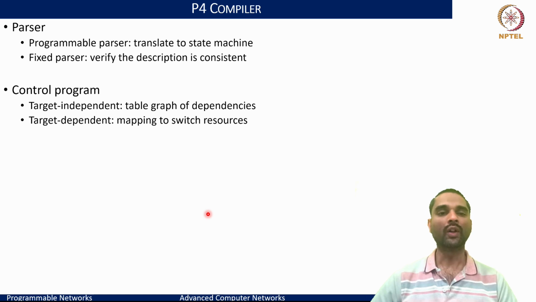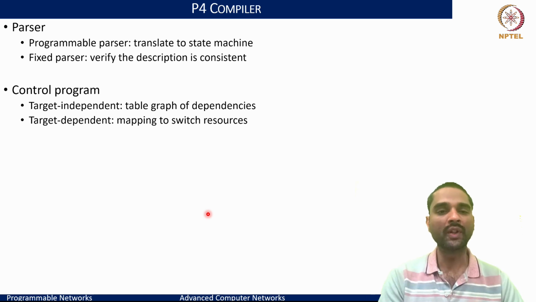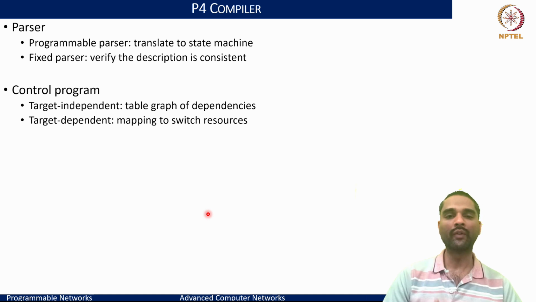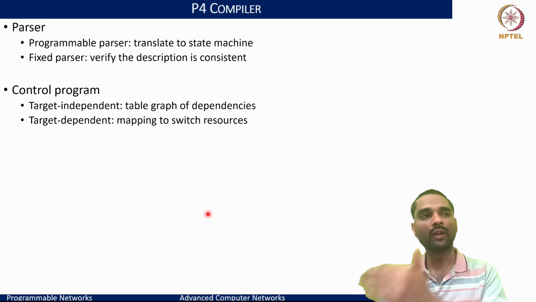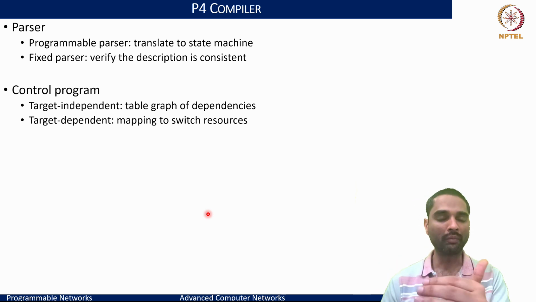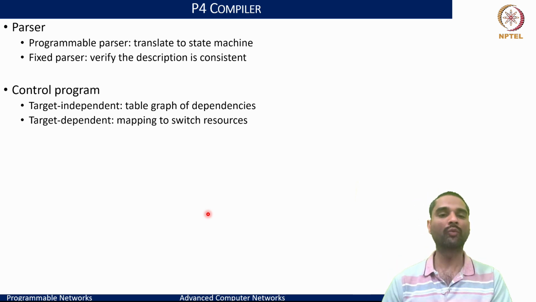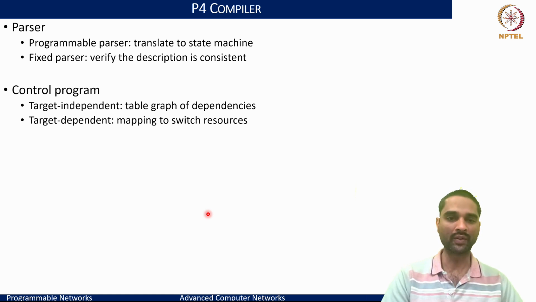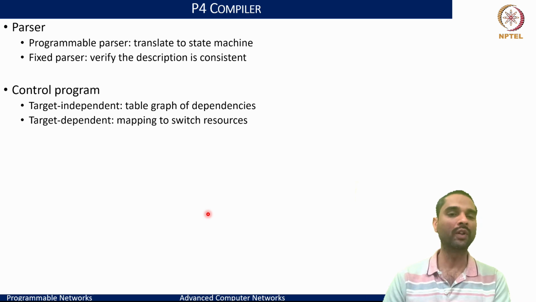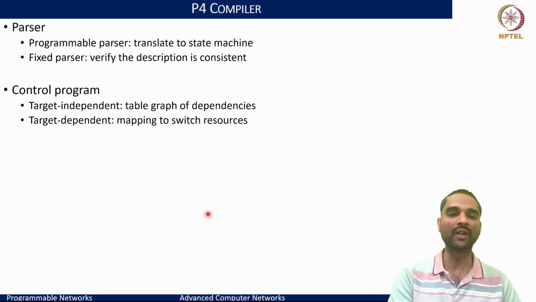And the control program that we have written is basically target independent, because now we have defined a table graph of dependencies. But then the compiler's job is to translate this table graph of dependencies into the way that the target would accept. That is, map to the switching resources for each of the tables and set them up.